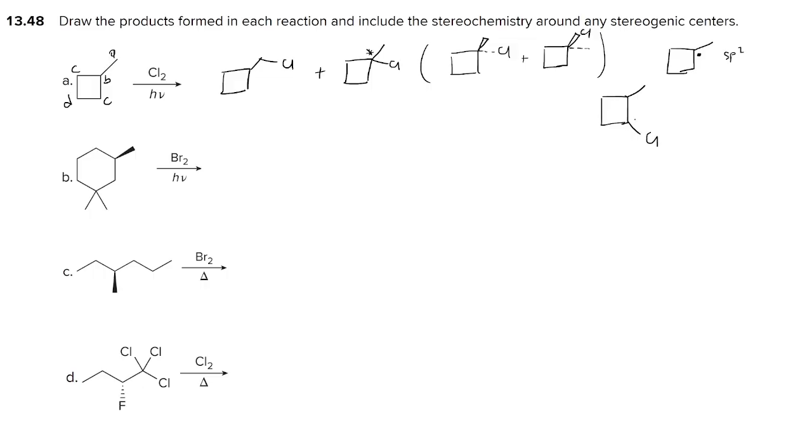If you analyze again, this carbon is chiral, it is a stereogenic center. So again, we have to draw the stereoisomers that are forming. I will again draw with dash and wedge representation.